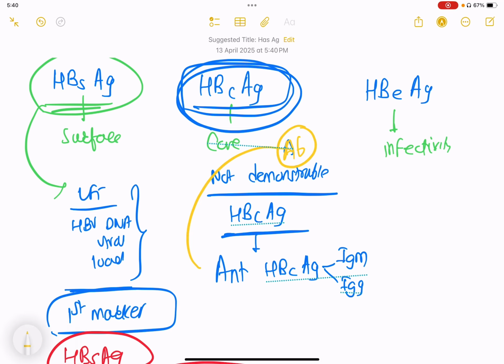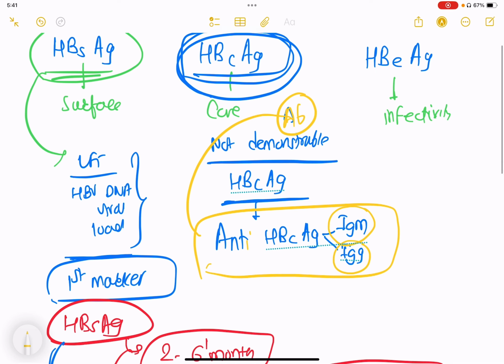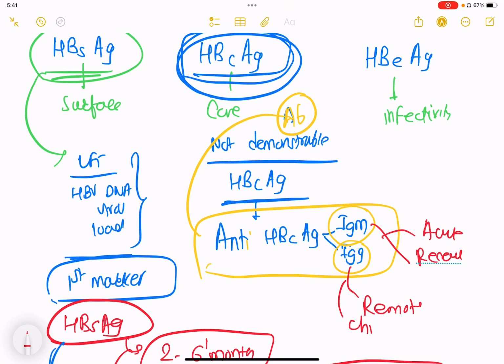This antibody is called anti-hepatitis B core antigen antibody, and it can be either M or G. Very commonly we use this antibody to see whether the infection is recent or remote, acute or chronic. If it is recent or acute, then IgM remains positive.